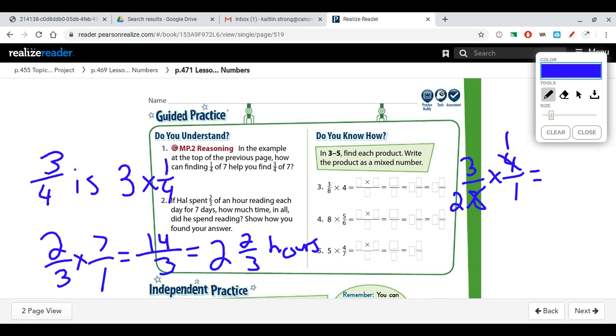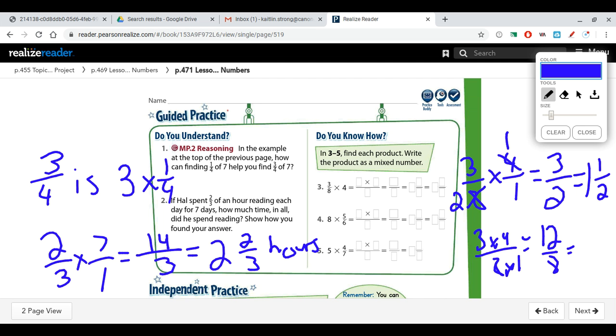Now I'm going to multiply. 3 times 1 is going to be 3. 2 times 1 is going to be 2, and so I end up with 1 1/2. Okay, and so if I didn't do it that way, so if I did 3 times 4 over 8 times 1, I would end up with 12/8, which is going to be equal to, 8 goes into 12 one time, and then I have 4/8 left over, which simplifies down to 1 1/2.